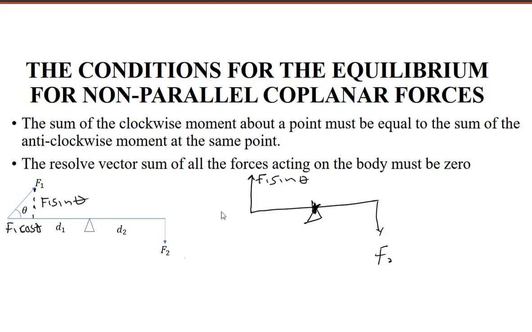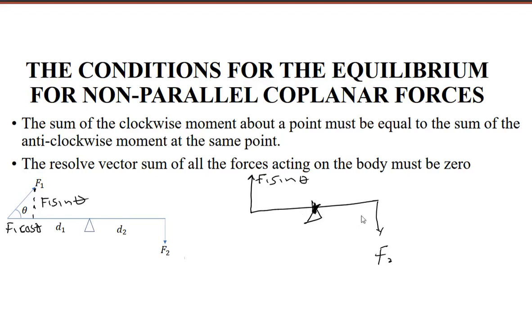That's the first condition. The second condition is that the resolved vector sum of all the forces acting on the body must be equal to 0. So now that we have resolved this force, the one going up and the one going down must be equal for the body to be in equilibrium at that point.